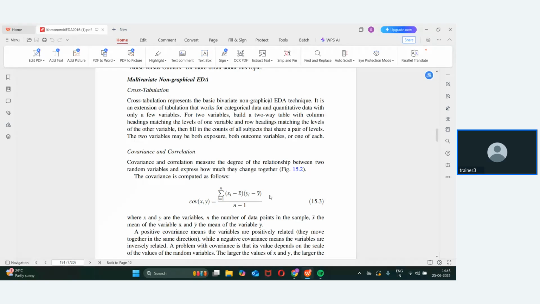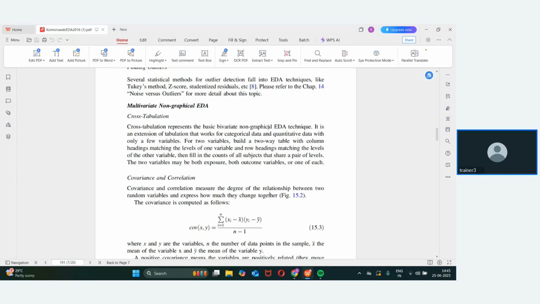The goal is to uncover complex patterns and hidden structures within the data set. And the main thing is it tries to identify the things that were not previously identified in univariate and bivariate analysis. While examining the relationship between one variable or two variables, whatever has not been achieved, we try to look at them in this multivariate analysis.